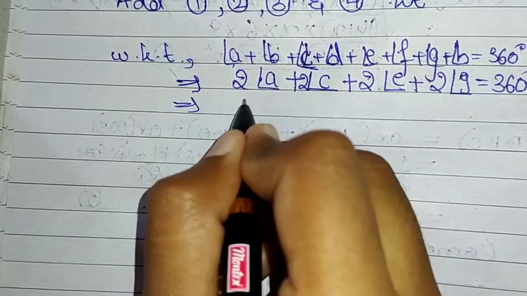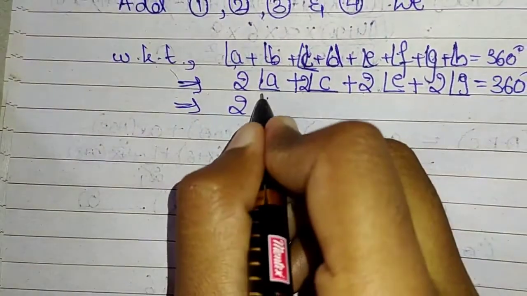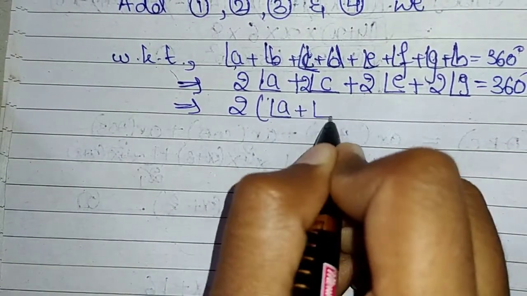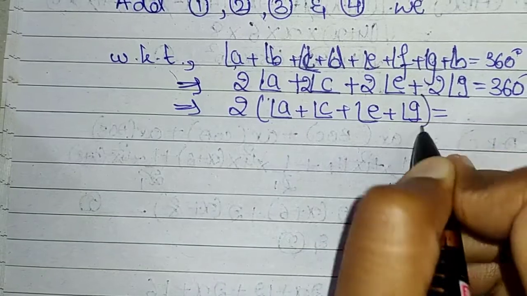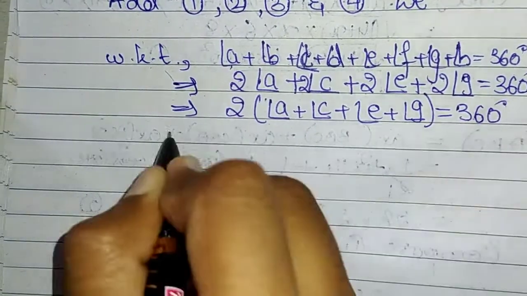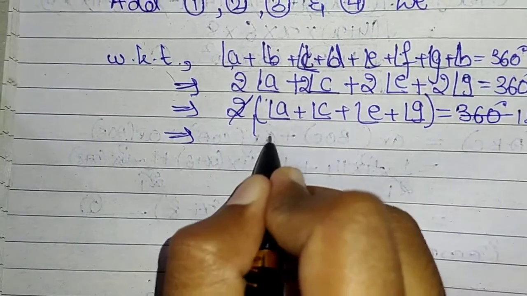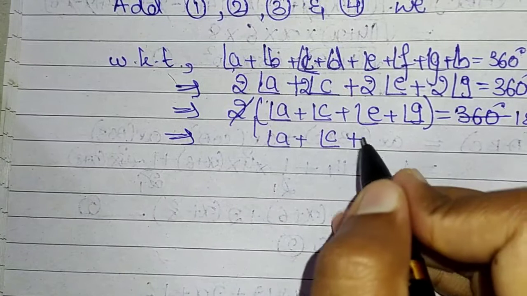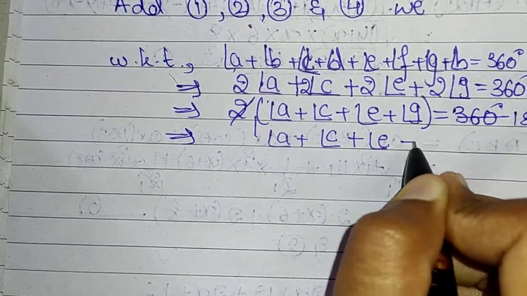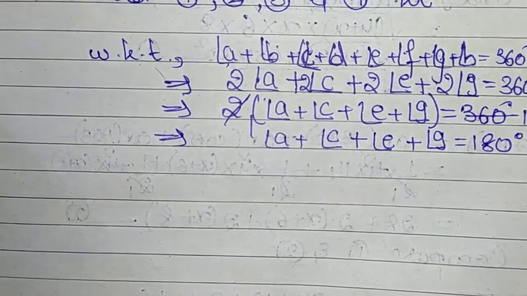So this implies 2 common, we'll get into bracket angle A plus angle C plus angle E plus angle G is equal to 360 degrees. So this implies 2 ones are 180s are. So angle A plus angle C plus angle E plus angle G is equal to 180 degrees.